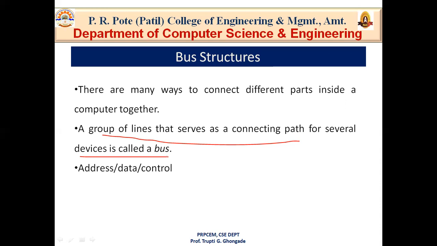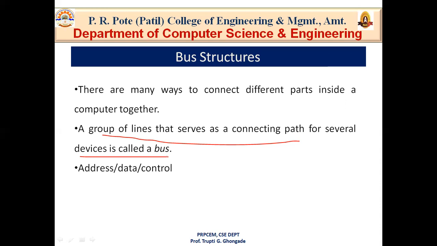It means that by using a 16-bit data bus, we can transfer 16 bits of data. Then a 32-bit data bus means the data bus consists of 32 lines or 32 wires. That means 32 bits of data can be transferred by using a 32-bit data bus. Now, you understood the meaning of lines or wires: 8 bit, 16 bit, 32 bit, 64 bit, or many more parallel lines.